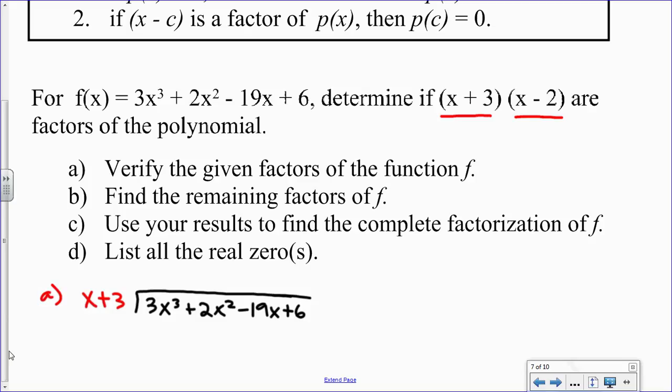Before moving on to do the second factor, just wait a minute. Some of you might already be done, but don't move on.